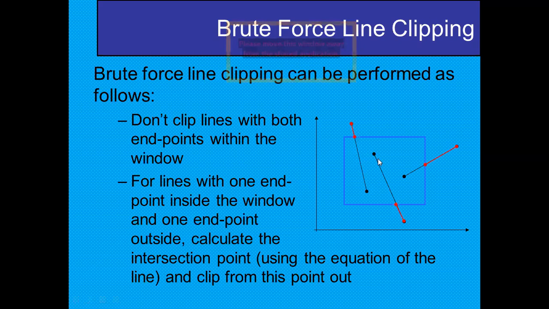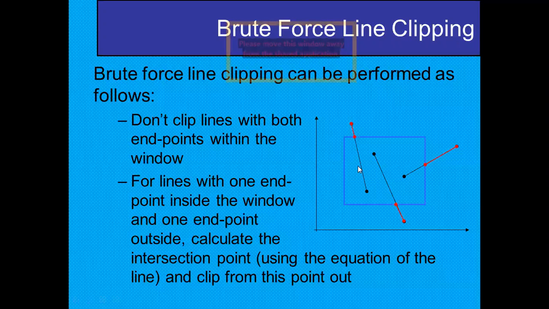In this case also the major portion is lying inside the window, but here the minor portion is lying inside the window. So such lines which are passing through the window edge are handled by brute force line clipping, because whether a major part or a minor portion of the line is outside the window, we can clip it.